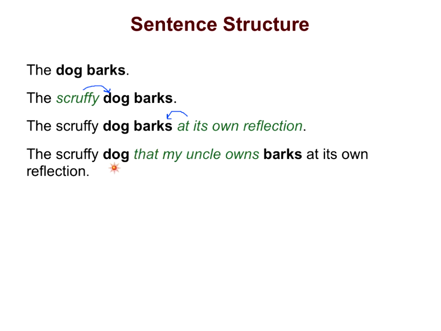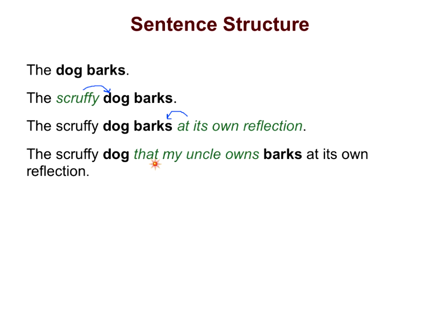So maybe there are two scruffy dogs sitting in front of us right now, and I want to indicate to you, oh, the scruffy dog, the one that my uncle owns, not the other one, that one. That scruffy dog, he barks at his own reflection. So in that case, it would be essential to the meaning of the sentence, because otherwise you wouldn't know which scruffy dog I was talking about.